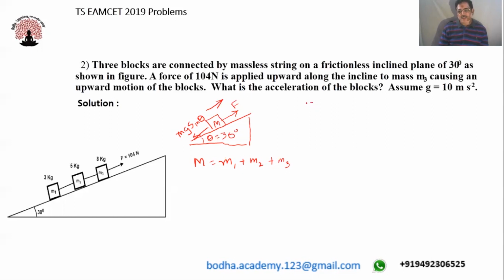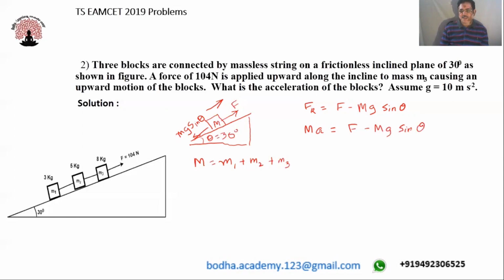So I can write the resultant force is equal to F minus mg sin theta. Resultant force I can write as Ma is equal to F minus mg sin theta.